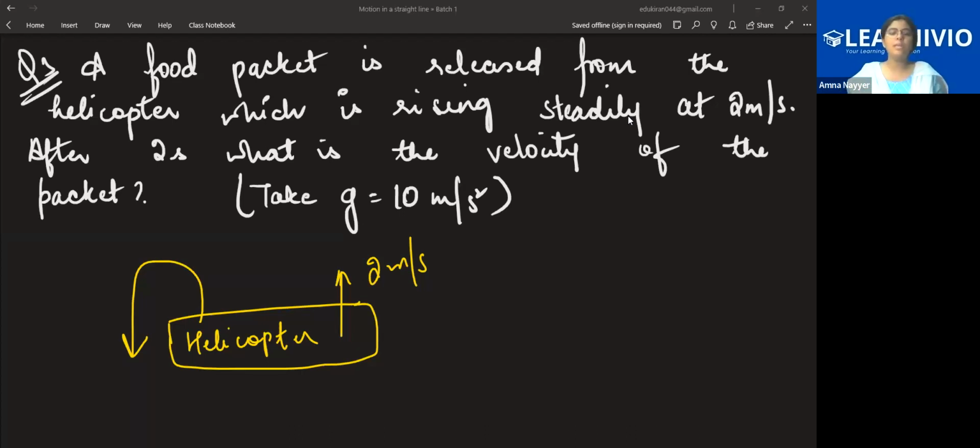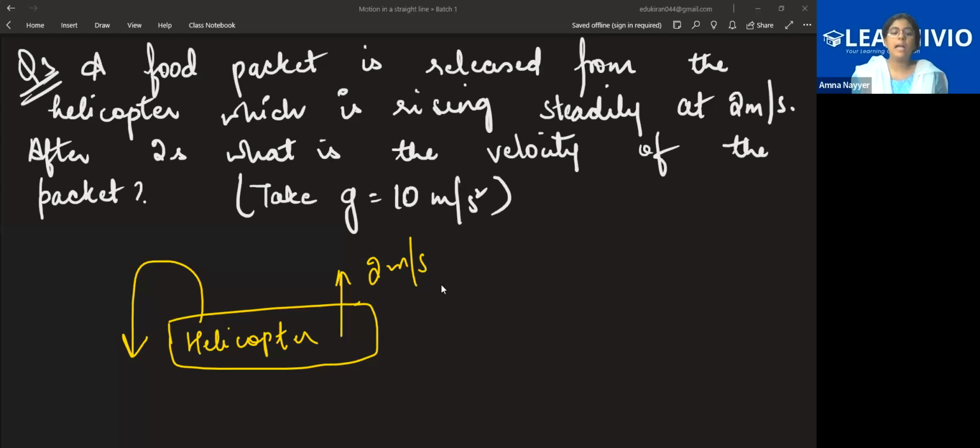So whatever would be the velocity of the helicopter at that time would be the exact velocity of the food packet. That would be the initial velocity of the food packet. See, if the helicopter is moving with 2 meters per second, then the food packet is thrown out. During the time when the food packet is thrown out, at that time the velocity of the helicopter would be the same. Yes, Jovita, correct answer.